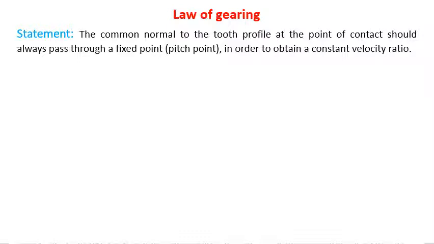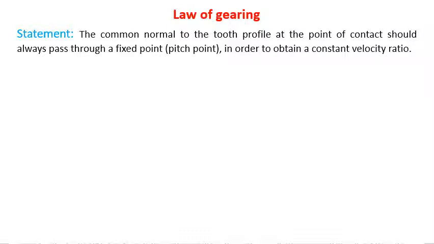The common normal to the tooth profile at the point of contact should always pass through a fixed point, which is also called the pitch point, in order to obtain a constant velocity ratio. Especially when the two gears are in mesh, in order to obtain a constant velocity, there should be a condition, and that condition is described in the law of gearing.